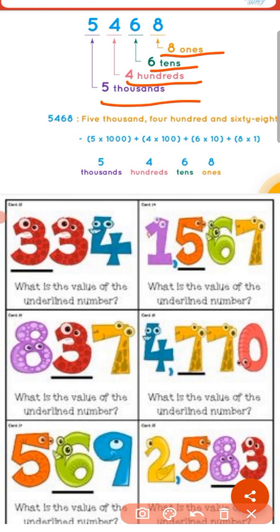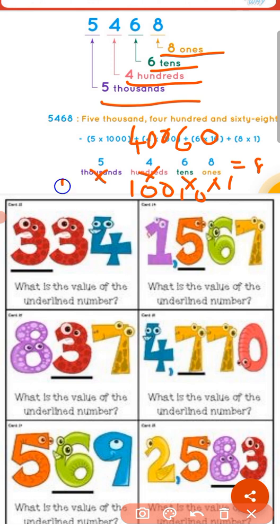Now find the place values. 8 is in ones place, so 8 into 1, 8. 6 is in tens place, 6 into 10, 60. Then 4 is in hundreds place, 4 into 100, 400. Write 4 first, then put 2 zeros. 5 is in thousands place, 5 into 1000, 5000.